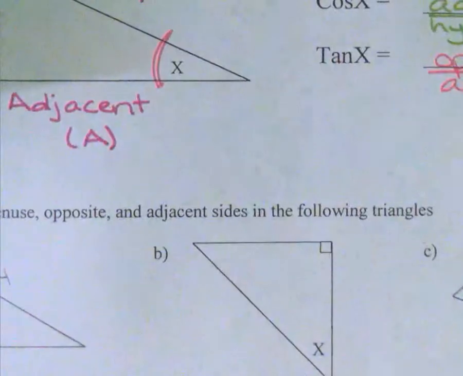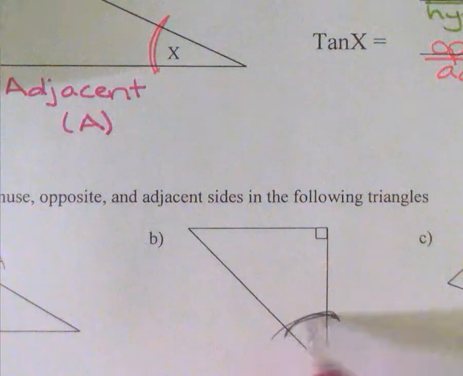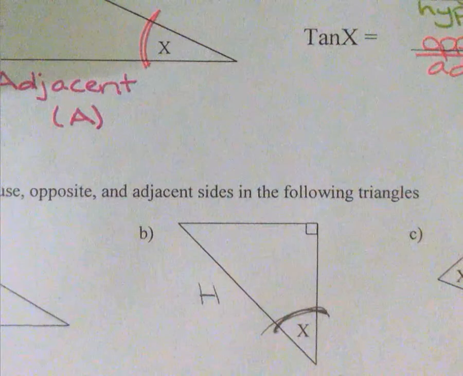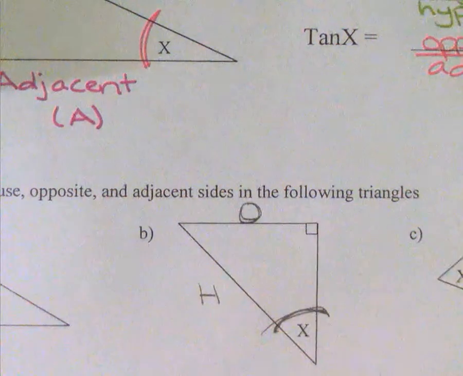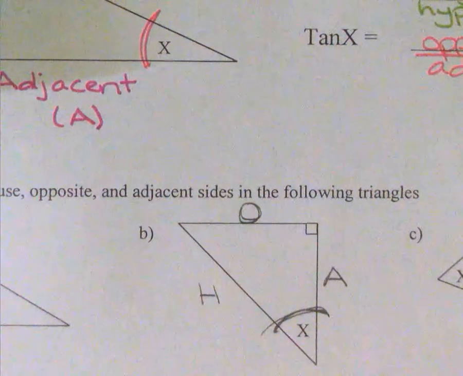If I look at the next one, same thing. This is the angle they gave me. So this is the hypotenuse. It is the longest side. This is the opposite. It is the side that doesn't touch the angle. This is adjacent. It is the side that touches the angle that is not the hypotenuse.